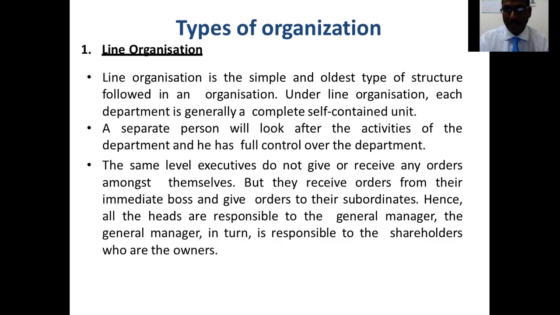Hence, all the heads are responsible to the general manager. So all the departmental in-charges will be reporting to the GM, the general manager, who in turn is responsible to the shareholders, who are the owners.